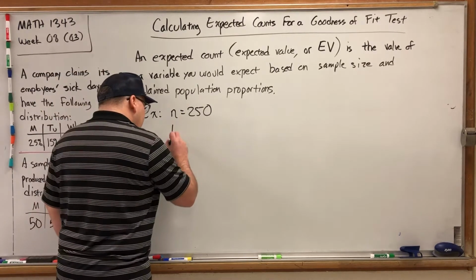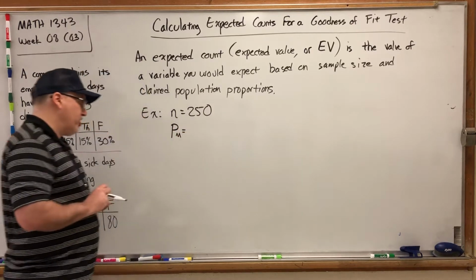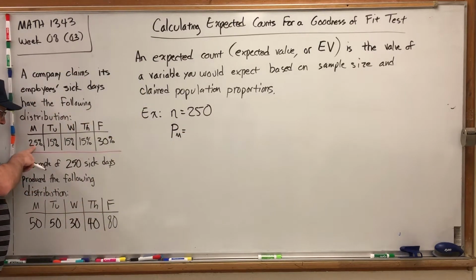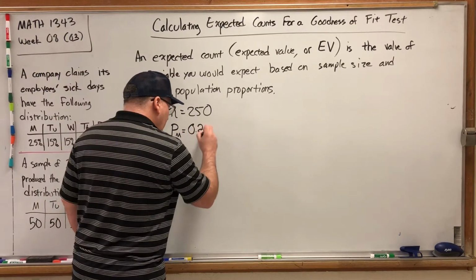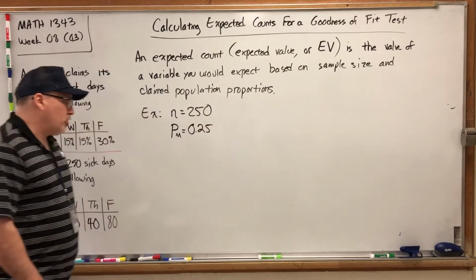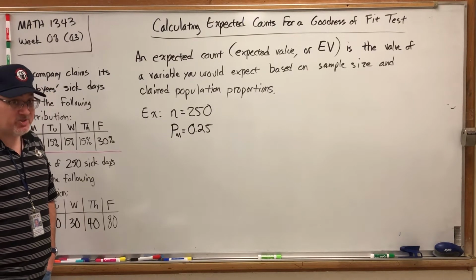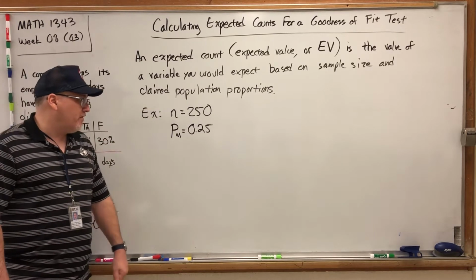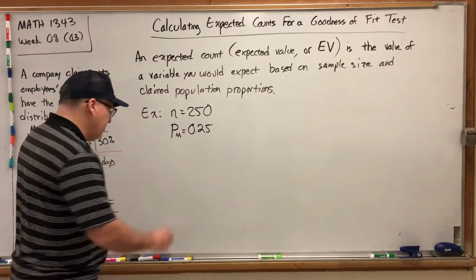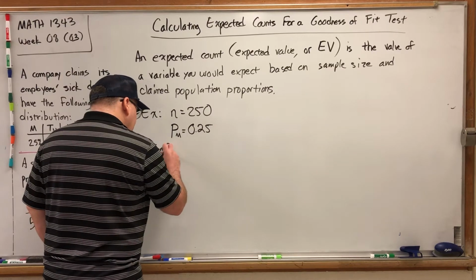Well, the claimed proportion of sick days used on Monday is 25%. So if we expect 25% of the sick days to be used on Monday, and there was a total of 250 sick days, how many would we expect?